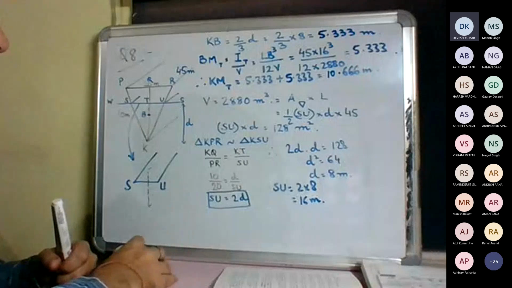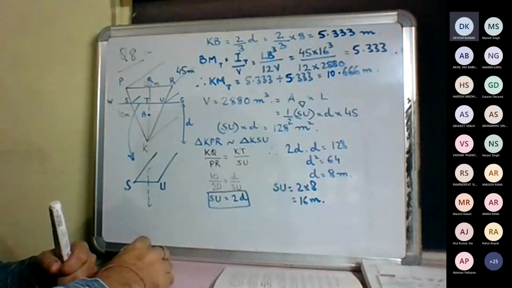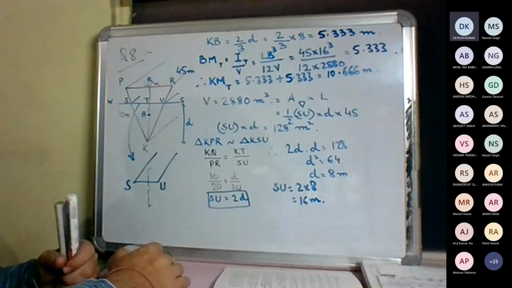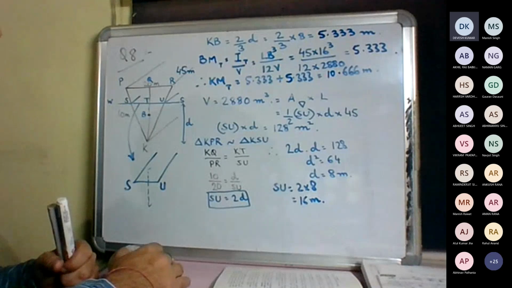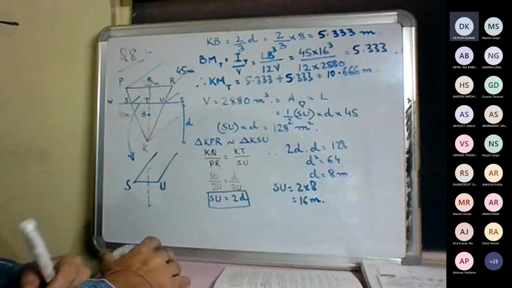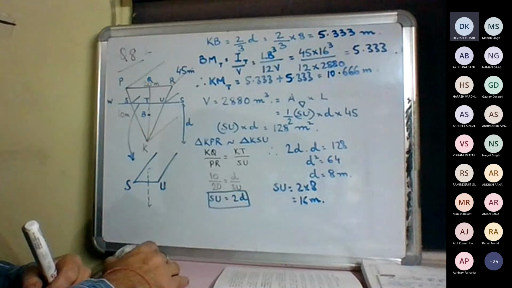That's right. A triangle will be B square by 6D. Sir, can we directly write B square by 12D? If you do B square by 12D it will be wrong. For a triangle it is B square by 6D, because a triangle is half of a rectangle, like half of a cuboid. So that's why.